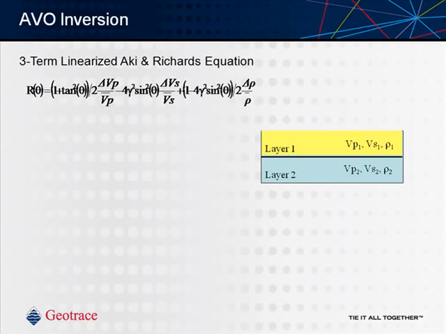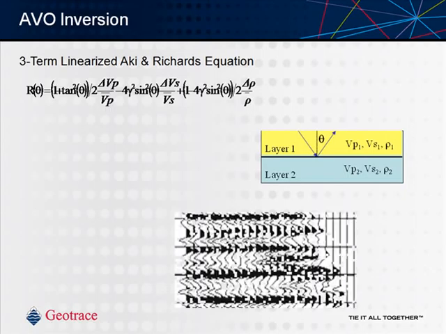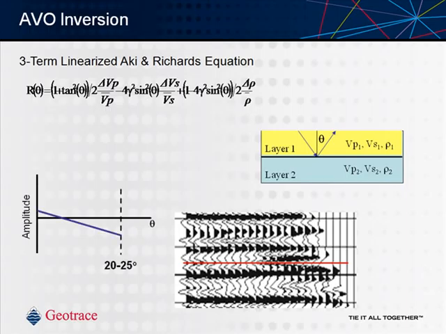So we are using a three-term linearized Aki-Richards equation, which I'm sure you're all very familiar with. And let me finish my cartoon here. As we say, the far angle response is key to understanding what's going on in your seismic data if you want to do inversion, and in particular, if you want to go after this term right here, your density term.